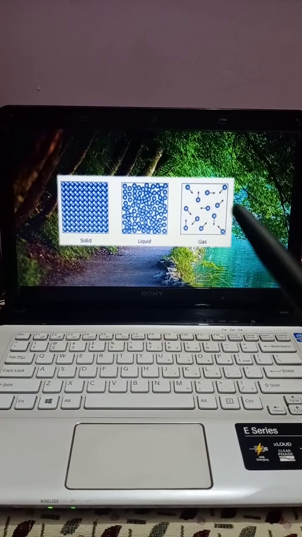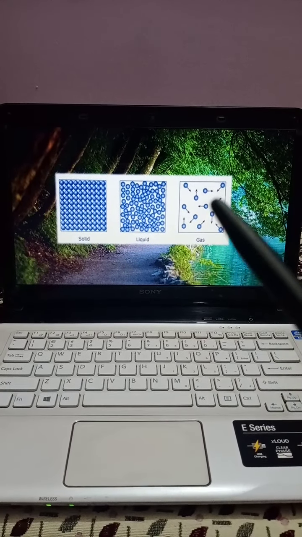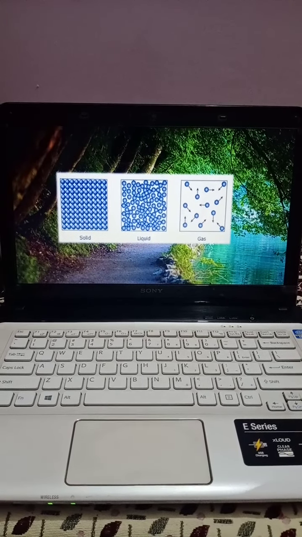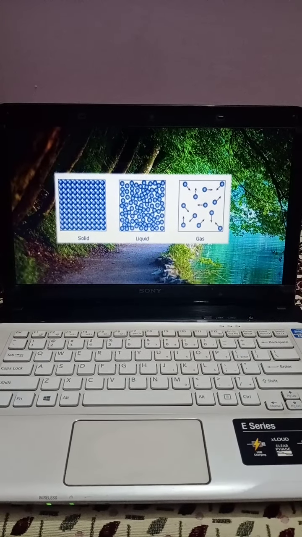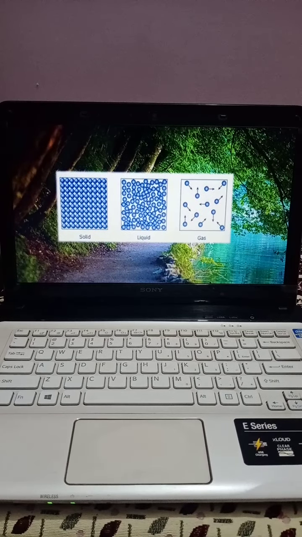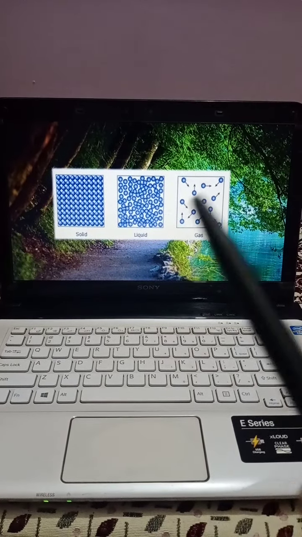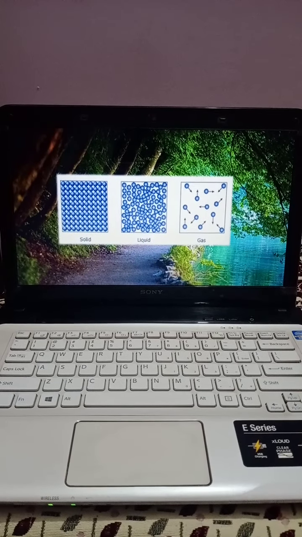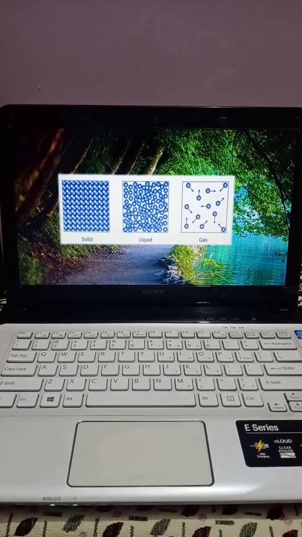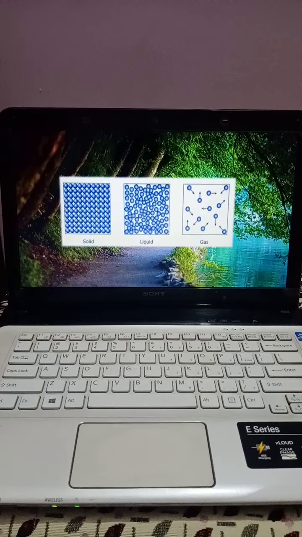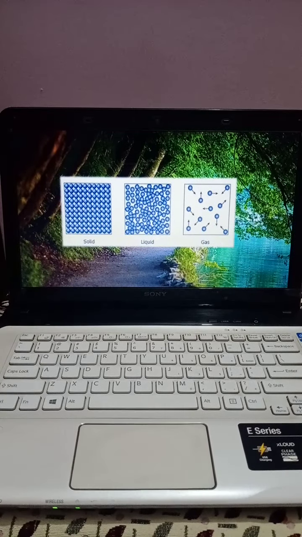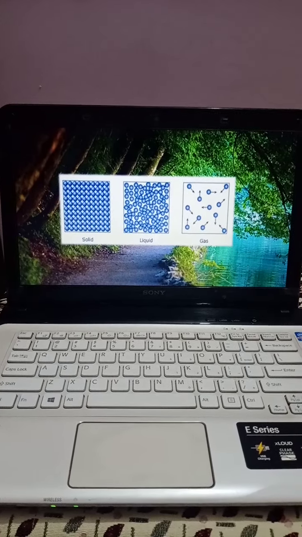But in a case of gas, the molecules are very far away from each other, meaning that intermolecular space is very large, therefore its density is very less as compared to solid and liquid. So this is about the molecular arrangement and comparison of density of solid, liquid and gas. So this is the end of today's video. Thank you.